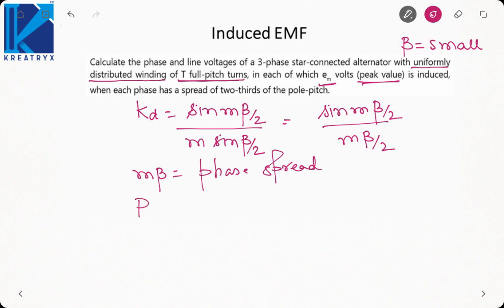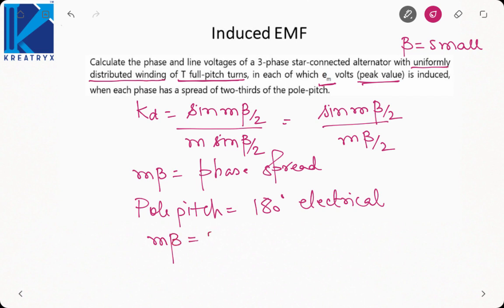Now what is pole pitch? Remember, it is always 180-degree electrical. It is basically the electrical angular separation between two opposite poles, that is north and south pole, which means phase spread is 2/3 of this. So it will be 120-degree electrical. Okay, and this pole pitch is universal, it is always 180-degree.